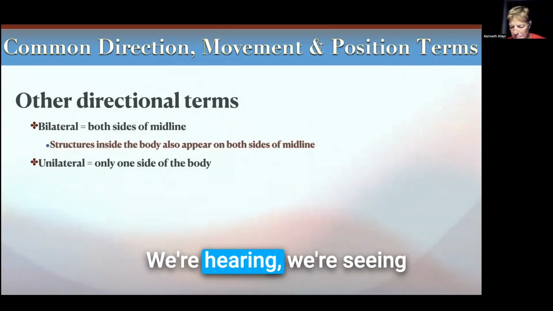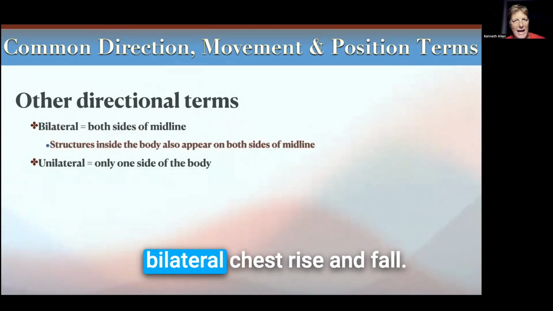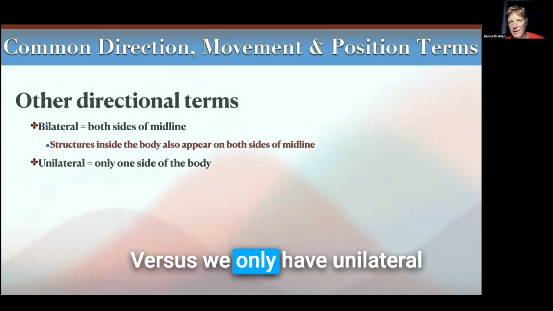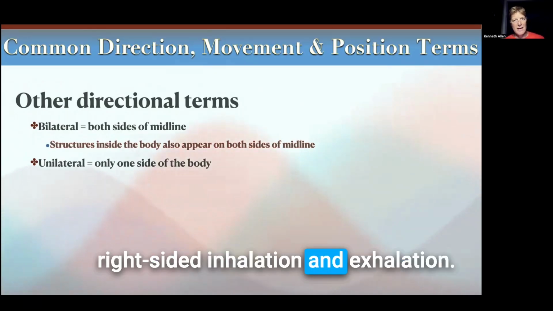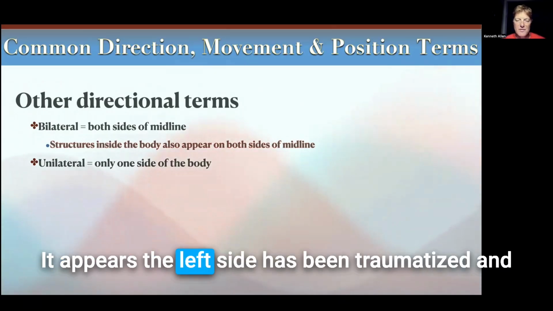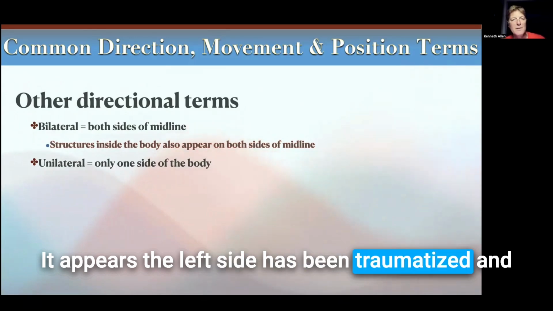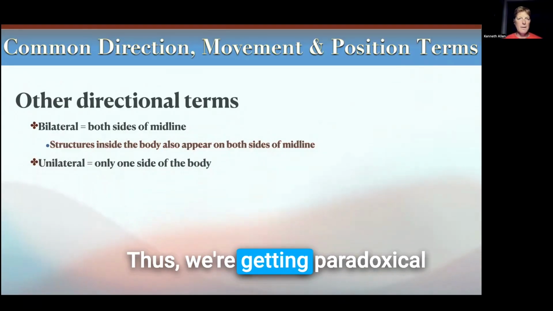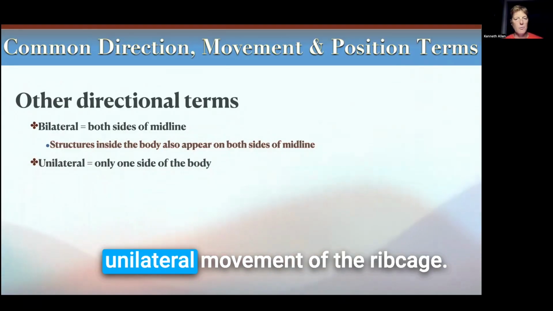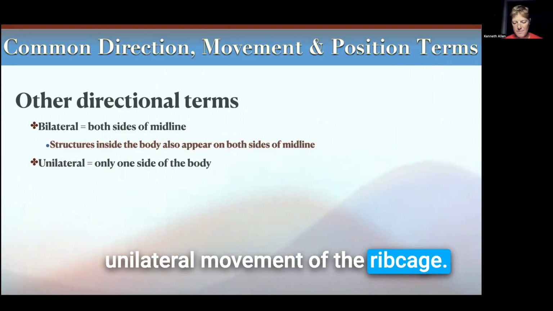We're seeing bilateral chest rise and fall versus we only have unilateral right-sided inhalation and exhalation. It appears the left side has been traumatized and is broken in 4 or more places on the rib cage. Thus, we're getting paradoxical unilateral movement of the rib cage.